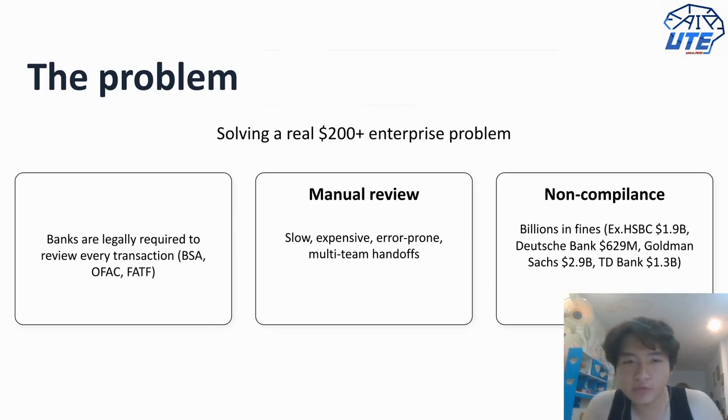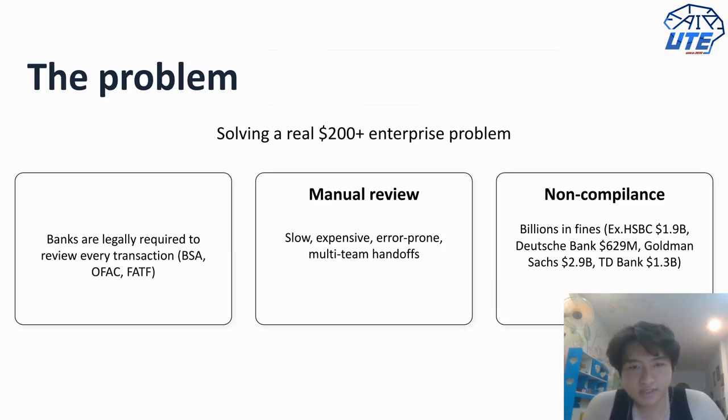So this manual review is very slow, it's expensive, involves multiple team handoffs, and is very error-prone due to human error. It can also be biased toward a specific company, where bribery perhaps can be involved.